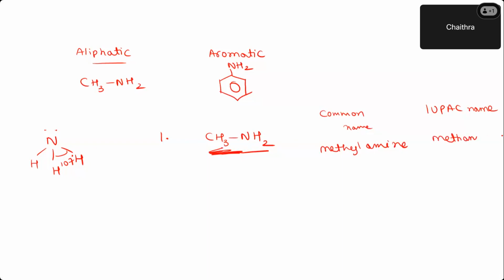You have learnt a rule that whenever the suffix name starts with a vowel, now this group, what will you identify it as? Amine, right? So if it starts with a vowel, A, E, I, O, U, in that case, what are you going to do? You are going to avoid this E and write methanamine. That's the IUPAC name, right? So you should know the nomenclature in order to write the reaction.